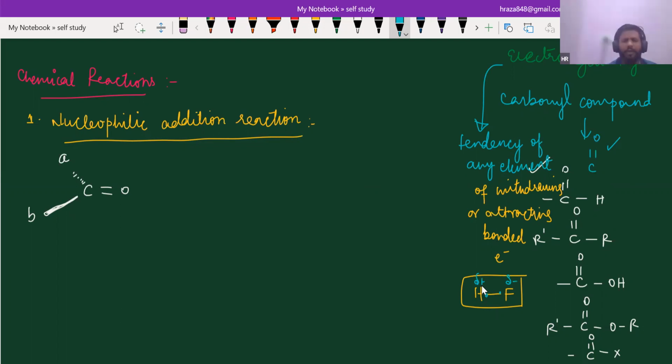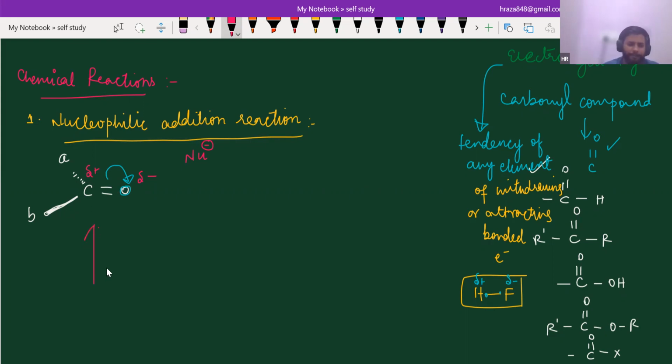So electronegativity is the tendency of any element to attract or withdraw only bonded electrons. So oxygen will withdraw electron from carbon, so it will have delta negative, being more electronegative, and carbon is delta positive, less electronegative, and the nucleophile is waiting for oxygen to withdraw electron from carbon.